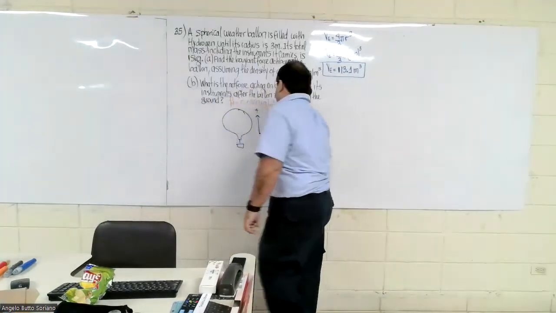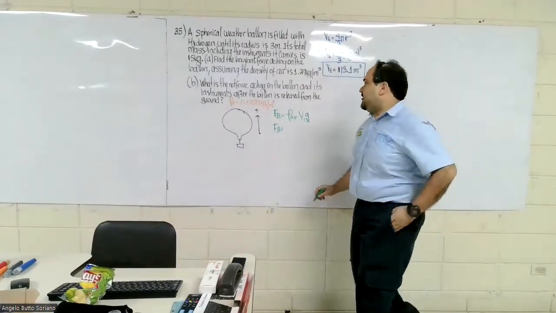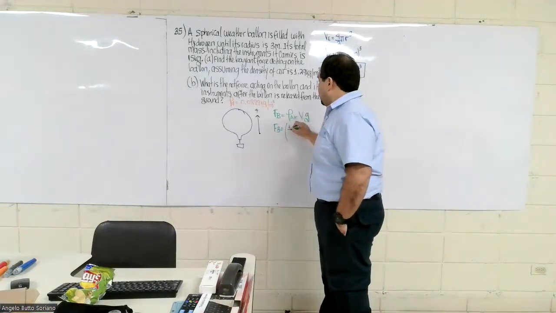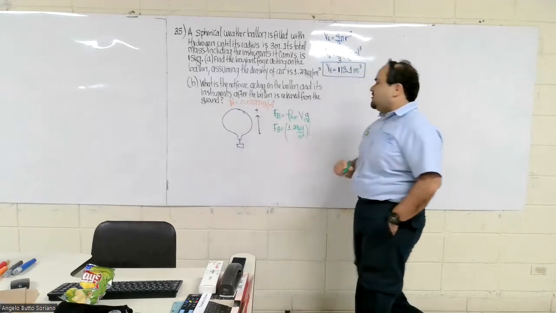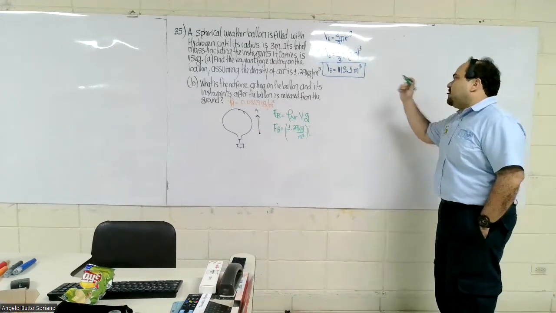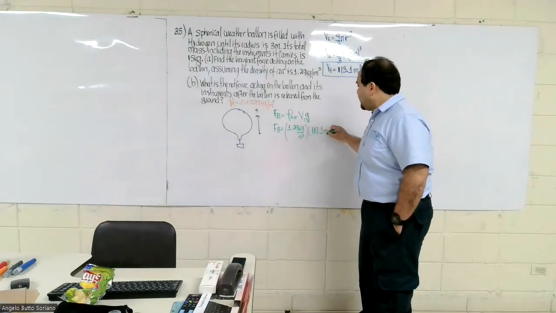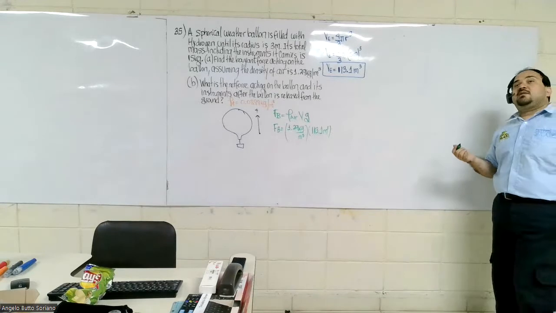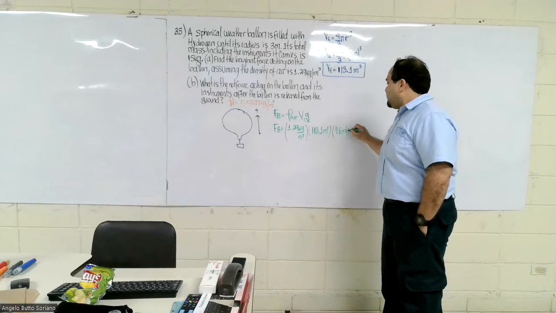So FB equals the density of the air, which is 1.29 kilograms per cubic meter. On the other hand, the volume of the sphere, already calculated, is 113.1 cubic meters. And finally, the gravity has a constant value of 9.8 meters per second squared.